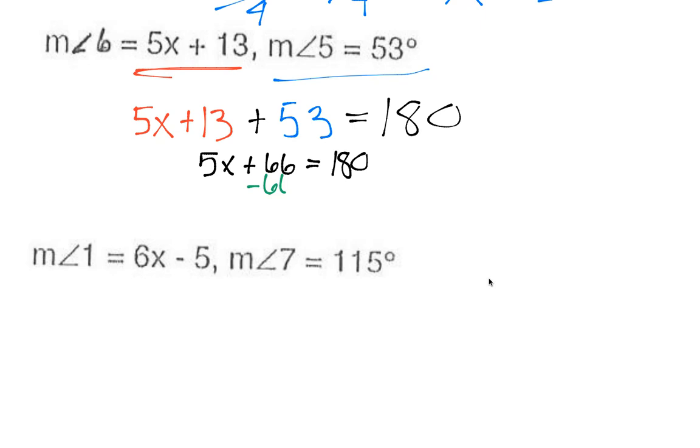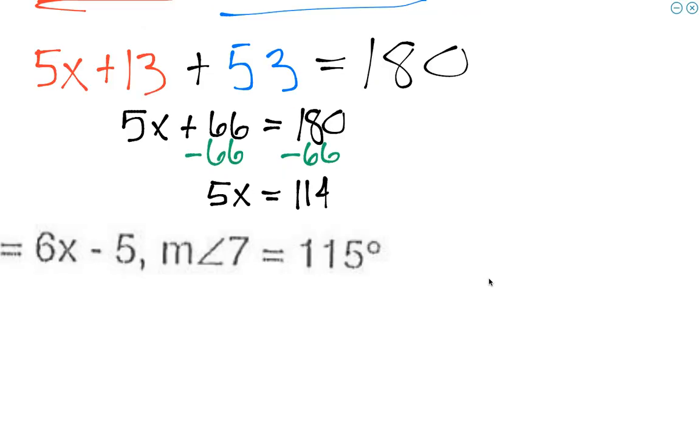I'm going to subtract that 66. So 5x is going to equal 114. Divide both sides by 5. X equals 22.8.